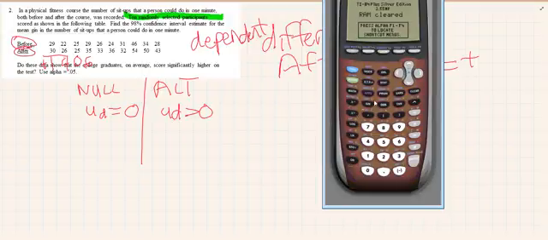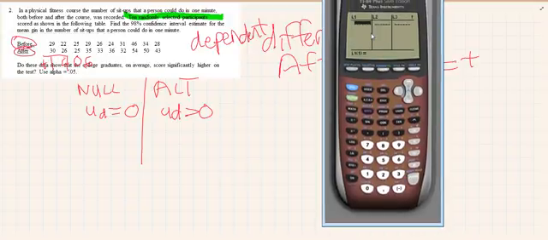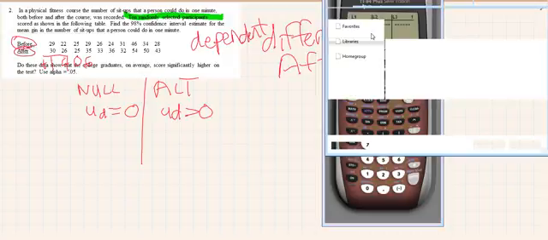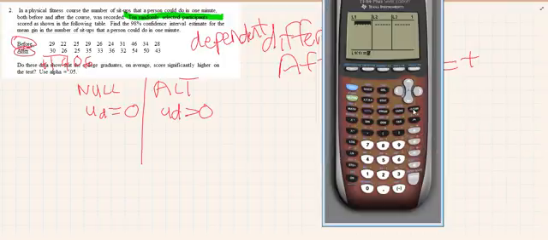And of course, we've got to get this data into a list, so we're going to hit Stat, Edit, and put in list number 1, the before scores. Try that again. 29, 22, 25, 29, 26, 20, 36, 34, and 28 is the 10th participant.